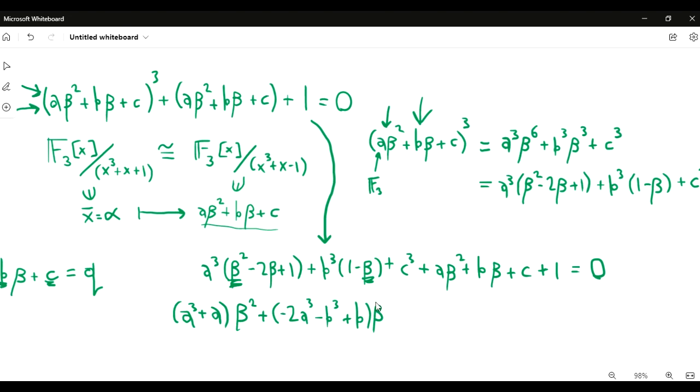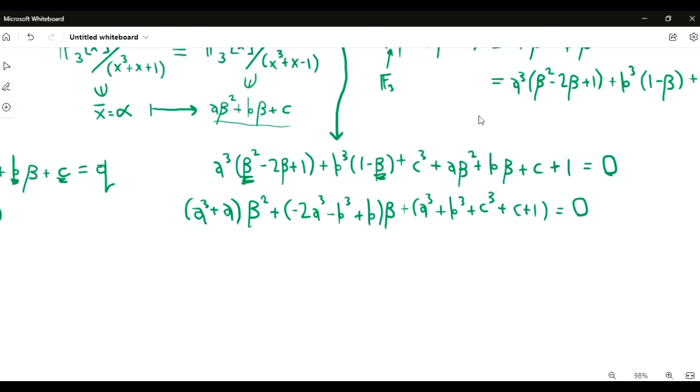And then for my constants, what do I have there? I have a to the third plus b to the third plus c to the third plus c plus 1. And all of that is equal to 0. Okay, so what does this tell me? Again, you want to think about this as comparing coefficients. On this side, we basically have 0 beta squared plus 0 beta plus 0. And so that tells me the following.